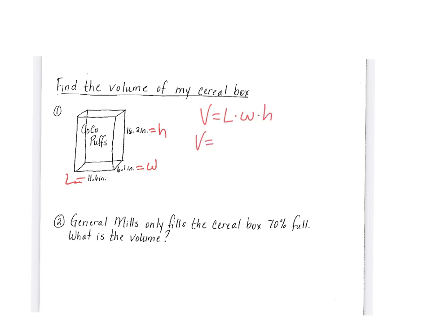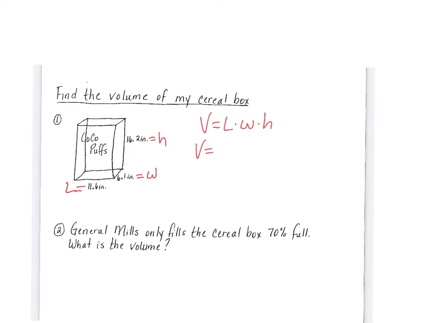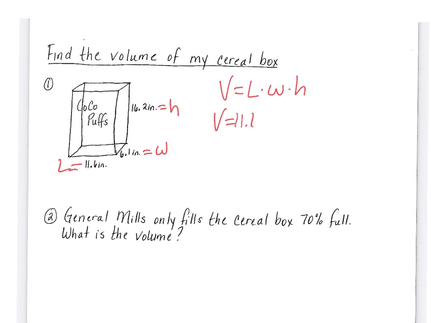So the volume is going to be 11.6 times 6.1 inches times 16.2 inches. It's going to come out to be cubic inches, so plug it in your calculator. And you get the volume is 1,146.312, and it's inches cubed.